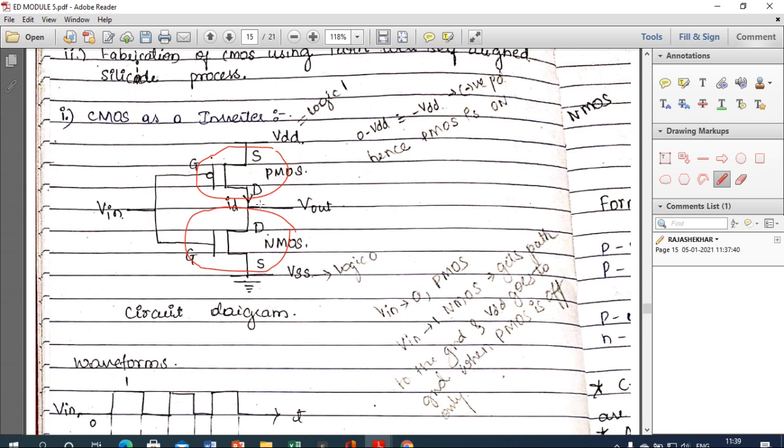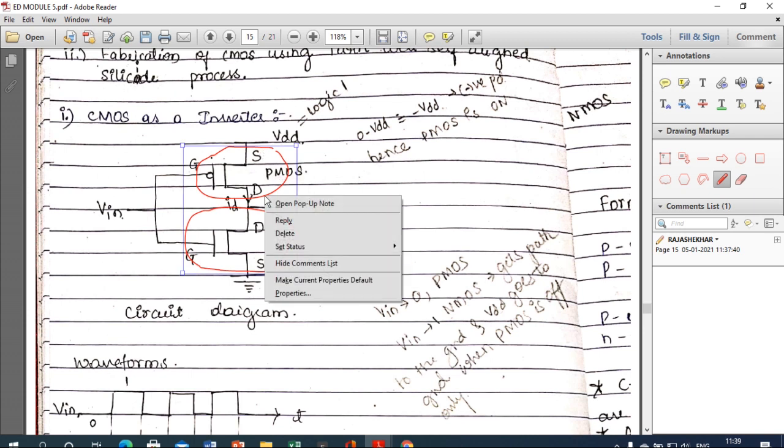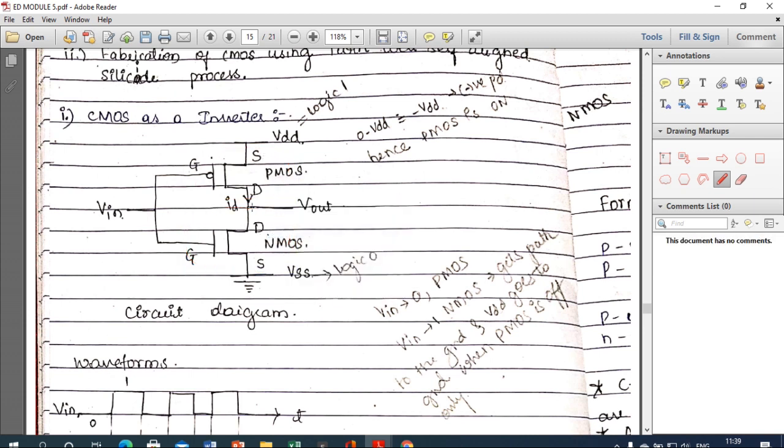So now, what is the importance of PMOS? PMOS has three terminals: gate, drain and source. Here the gate is used as the input, the drain is used as the output, and the source is connected to the supply.